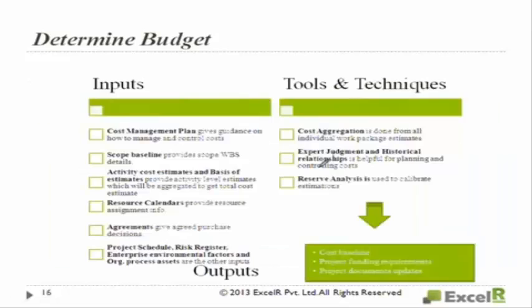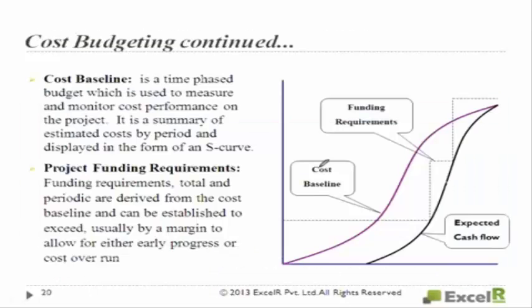Okay, so if you see this diagram which I have shown you earlier, the cost baseline, the pink line, whatever you see, it's increasing as the time is going on. The x-axis, you have the time here. So it may increase or decrease. So normally it takes an S shape.